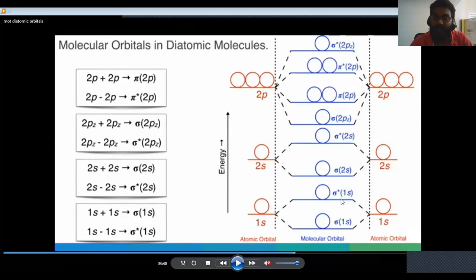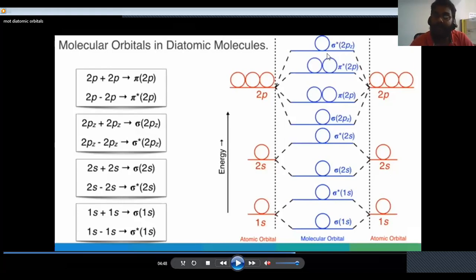Now the electronic configuration. How do we write the order? The electronic splitting order, in increasing energy: sigma 1s less than sigma star 1s, less than sigma 2s, less than sigma star 2s, less than sigma 2pz, less than pi 2px and pi 2py, less than pi star 2px and pi star 2py, less than sigma star 2pz.